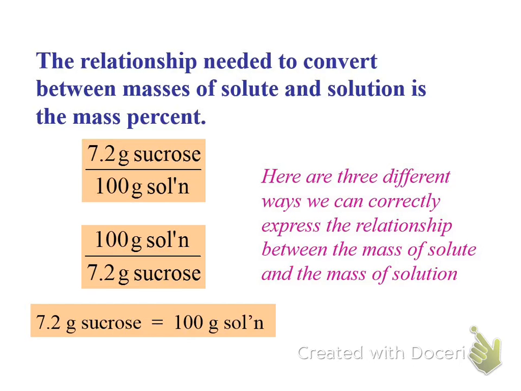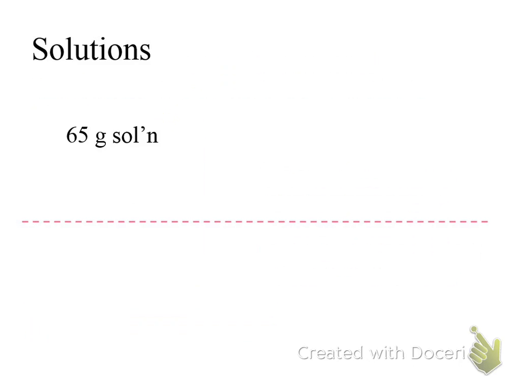So here we go. Let's go ahead and work those 2 problems. If you clearly write the term we want to convert and put it over 1, so 65 grams of solution over 1, then you see that we want grams of solution to cancel, so we're going to go with the unflipped version of weight percent. 7.2 grams of sucrose over 100 grams of solution.